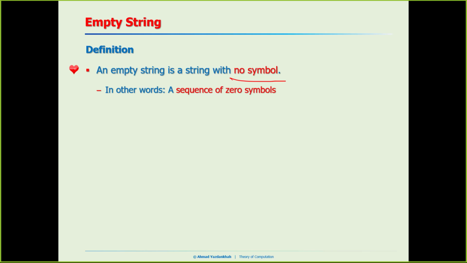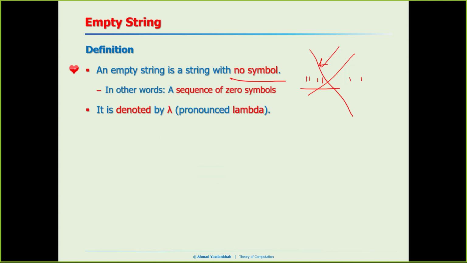Please pay attention not to confuse this: in high-level languages we use empty double quotes, or in some other languages single quotes, as the empty string, but in this course we don't have this, so we need a notation for that, and we use lambda. So lambda is the empty string in this course.